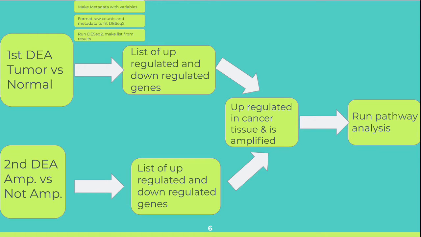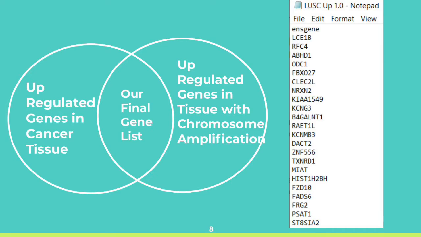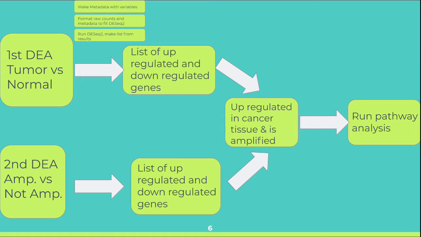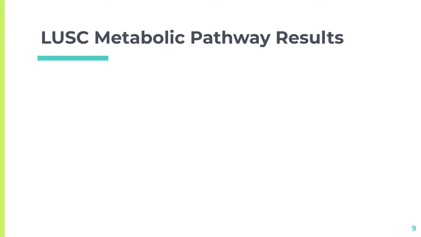Taking our 2 lists, we can overlap them and see which genes are present in both lists, so which genes are both upregulated in cancer and upregulated in amplified tissue. Taking that final gene list, we can run a pathway analysis using gProfiler and see which metabolic pathways are affected. So what results did we get?